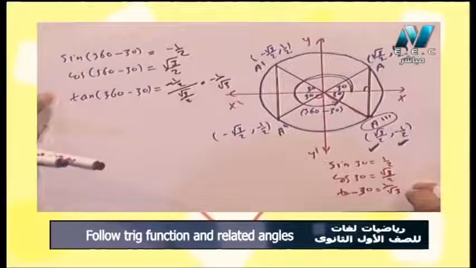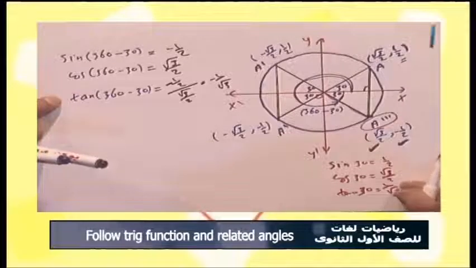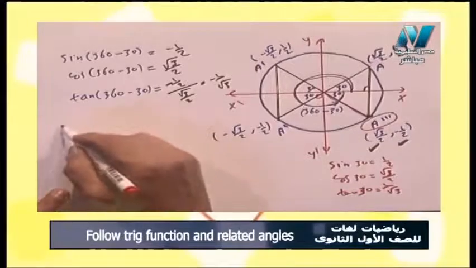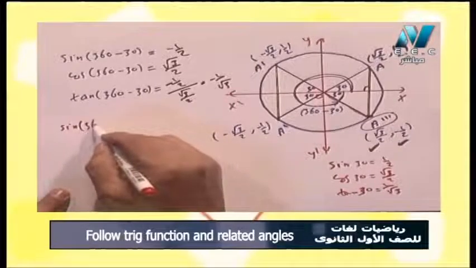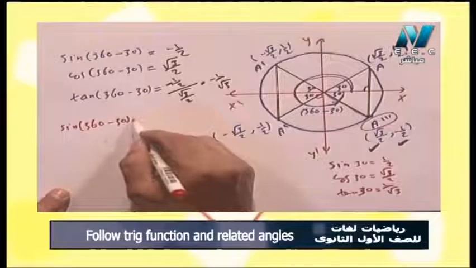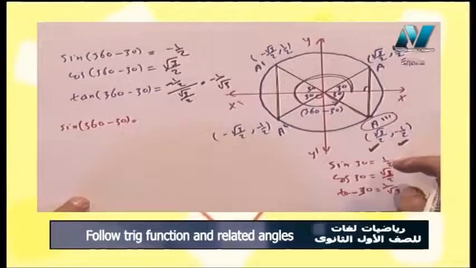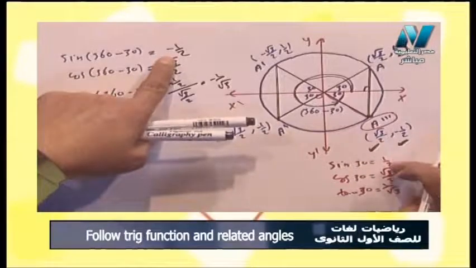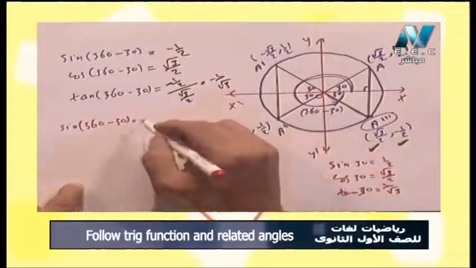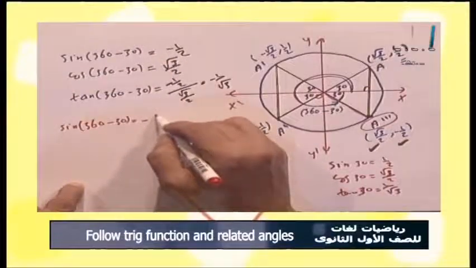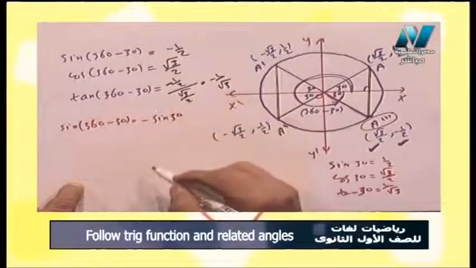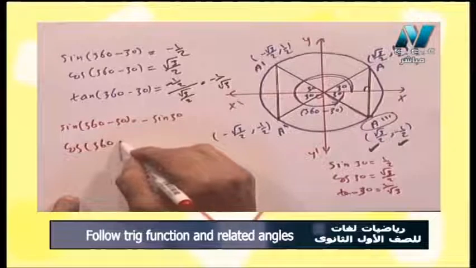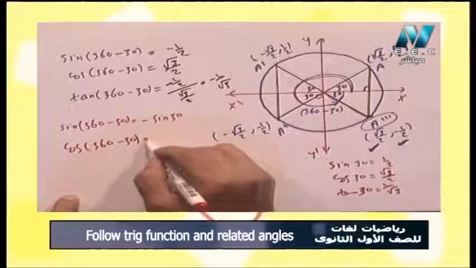By comparing these values with these ones, we will find out that sine 360 minus 30 equals what? Negative or positive? Look here, the answer is negative half, and here the answer is half. So it's negative, yes, negative sine 30. And of course cosine 360 minus 30 equals what?